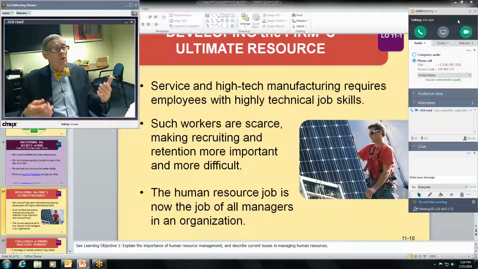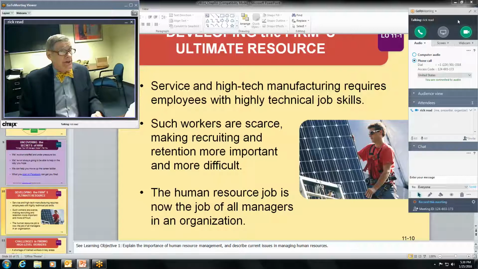There are very, very few jobs today that an employee does not have to have some technical ability to be able to navigate the internet, etc. We talked in the last week about computer-aided design and computer-aided manufacturing. So employees are expected to use computers. And we expect employees to be more skilled today than they were in the past. Now, I'm only talking about technical skills. I haven't even mentioned creative thinking and writing skills and things of that nature, which we expect as well.